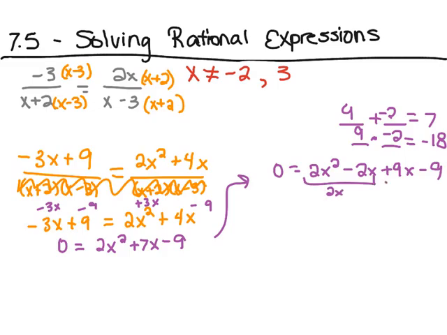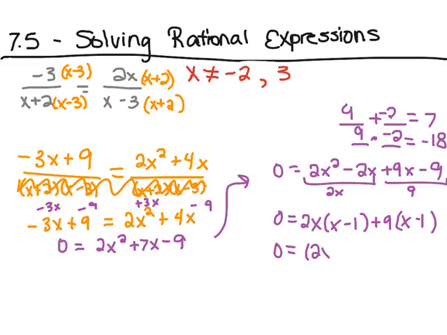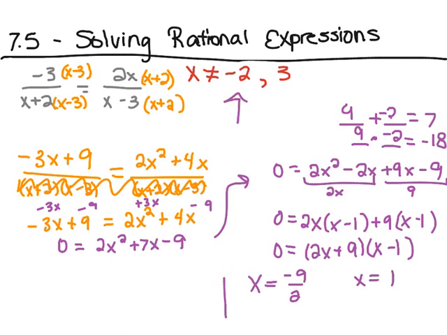Factor out 2x from this side and 9 from this side. So we should have 2x(x minus 1) plus 9(x minus 1). So 0 is equal to (2x plus 9)(x minus 1). If we solve that, we would get x equals negative 9 over 2, and x is equal to positive 1. Because neither of those are non-permissible values, this is our answer.